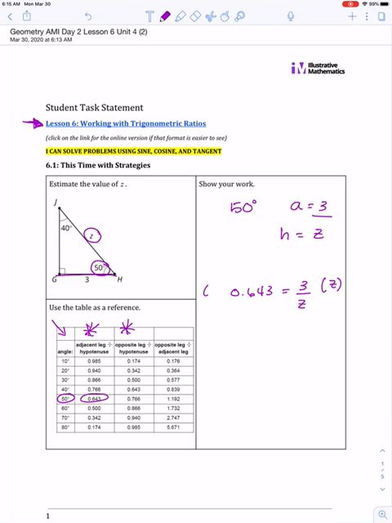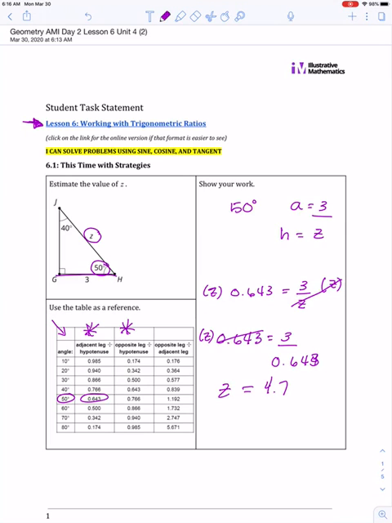So I want to multiply both sides by Z. This cancels, so now I have this equals 3, and now we're going, oops, I forgot my Z. Now we're going to divide both sides by 0.643. Okay, so that cancels here. So Z is equal to, and I haven't actually solved that out. Let's look. So we get Z is 4.7.